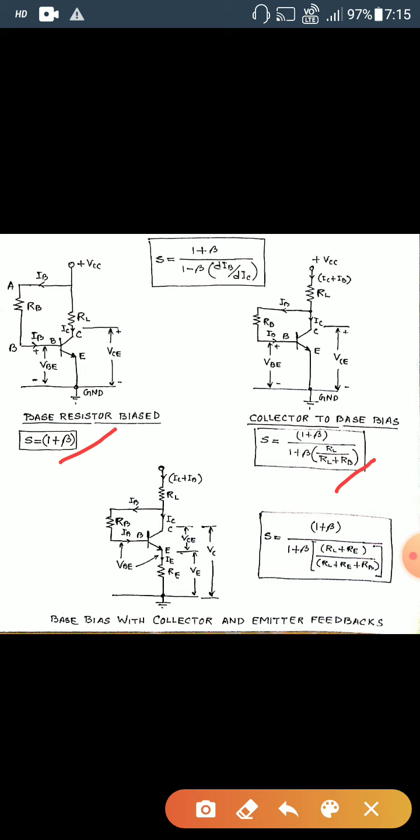And the third one is equal to 1 plus beta by 1 plus beta into RL plus RE by RL plus RE plus RB. So if you check, compared with the base resistor method, the improvement occurred in the collector to base bias. Again, another extended improvement occurs here, from the analysis point of view.